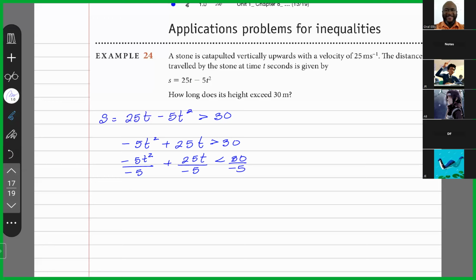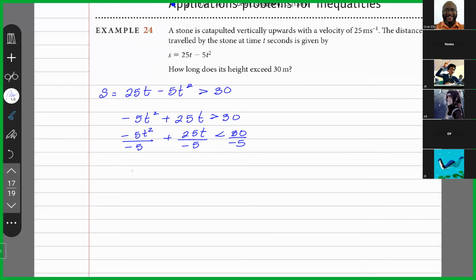If you divide an inequality by a negative number, you must change the inequality sign. So what we end up with is t squared minus 5t is less than minus 6. So t squared minus 5t plus 6 is less than 0.